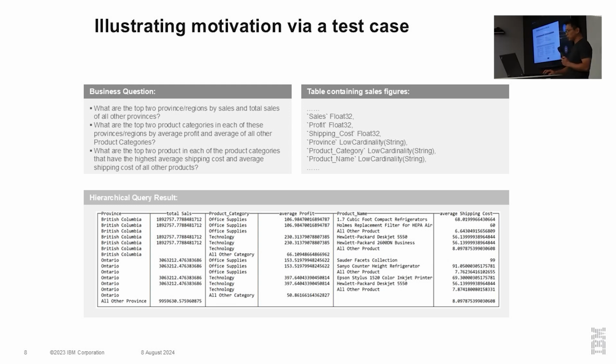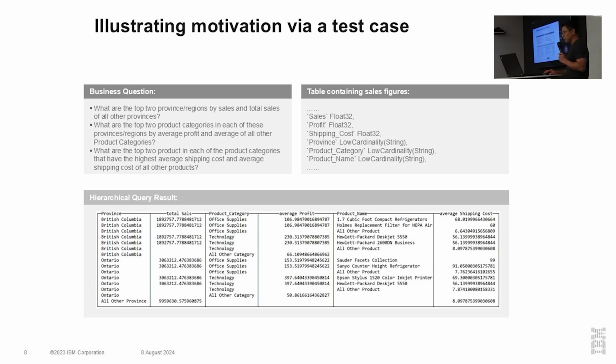To answer this question, you need to create hierarchical data, a hierarchical result. So I'm just going to present the result here. From the test data I have, British Columbia and Ontario are the top 2 provinces. Within each province, let's say in British Columbia, the top 2 product categories are office supplies and technology.